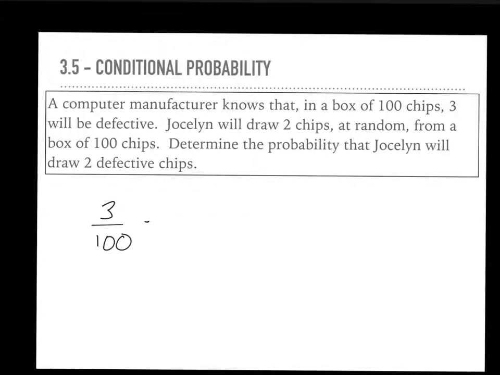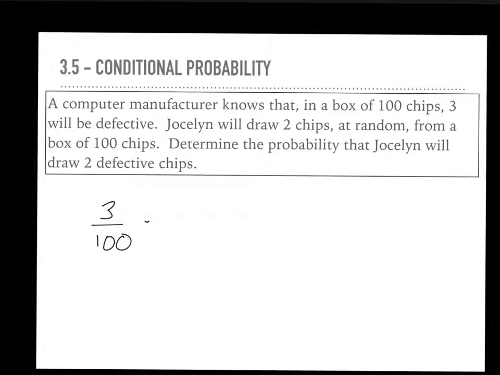Then for the second thing, this is where the conditional part of it comes in. We assume that we pulled a defective chip in the first part. Okay, we're assuming that we've pulled one out, because if we haven't, this question's over, right? We're looking for the probability of her pulling 2 defective chips. So she needs to pull the defective chip both times. So now we assume she's already pulled 1 defective chip.